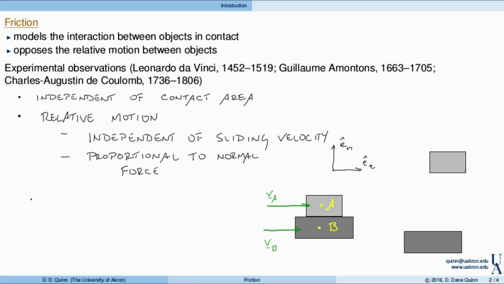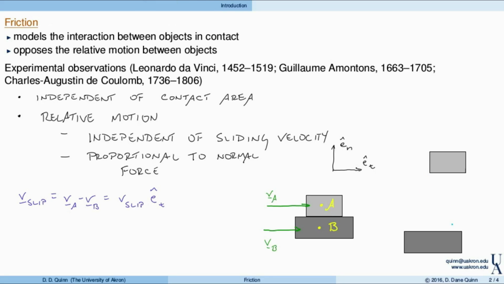Then the slip velocity is the relative velocity between these two, and it's defined as v_A minus v_B in vector form. Or, writing the scalar magnitude, we assume v_slip, so this is a scalar, and this is the vector in the e_t direction. Again, this is known as the slip velocity.